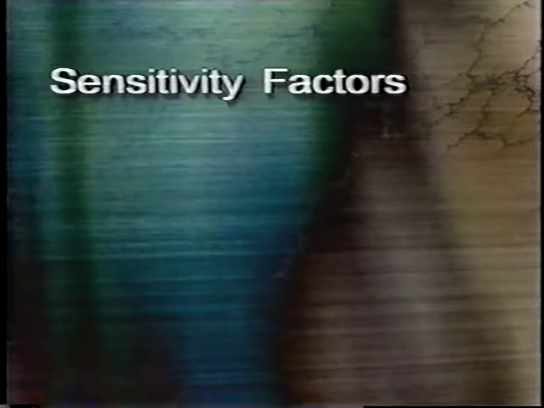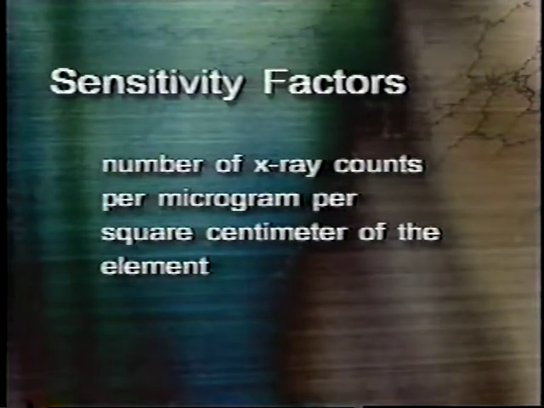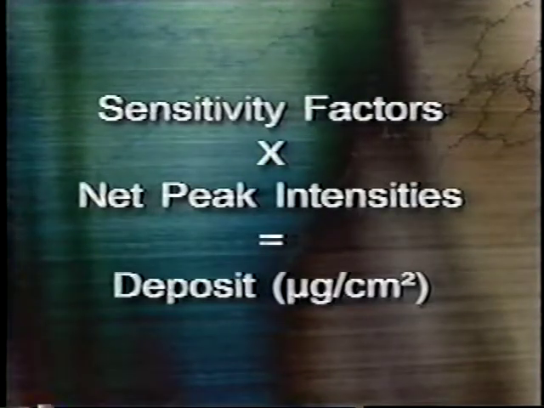When the actual analysis is done, sensitivity factors, or the number of X-ray counts per microgram per square centimeter of the element, are determined for each excitation condition. The sensitivity factors are multiplied by the net peak intensities yielded by ambient samples to obtain the microgram per square centimeter deposit for each element.